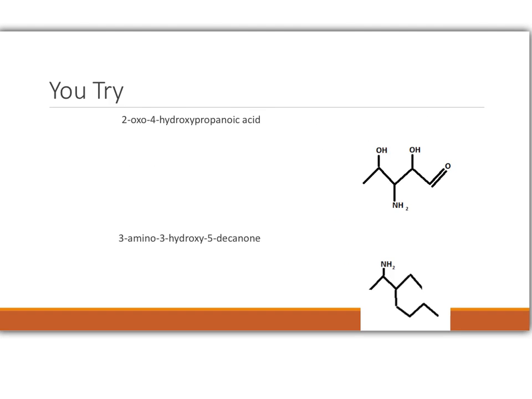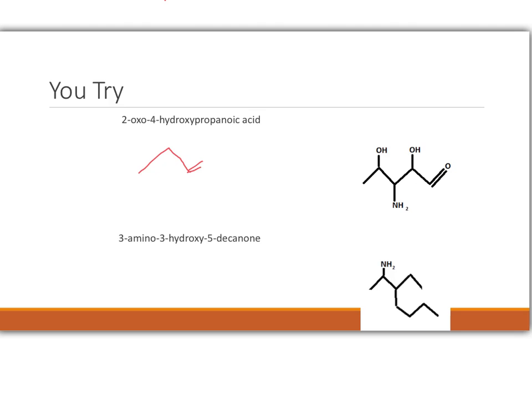So, you try with these. I find with these, drawing usually isn't as bad. So to draw this, it's 2-oxo-4-hydroxy propanoic acid. I'm going to go to that end name first and draw that, and then I will put the other functional groups on. So I need to draw propanoic acid. There are going to be 3 carbons.